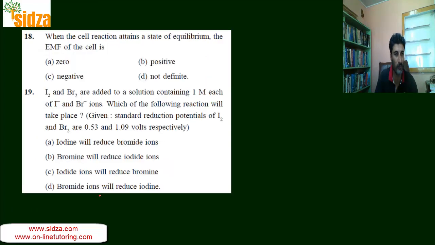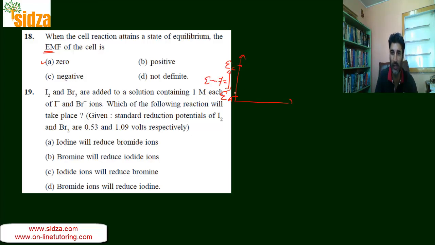Option C. When the cell reaction attains a state of equilibrium, the EMF of the cell is 0, because in a galvanic cell the electrode potential of the cathode is higher than the reduction potential of the anode, and the difference is nothing but the EMF of the cell, or the cell voltage.